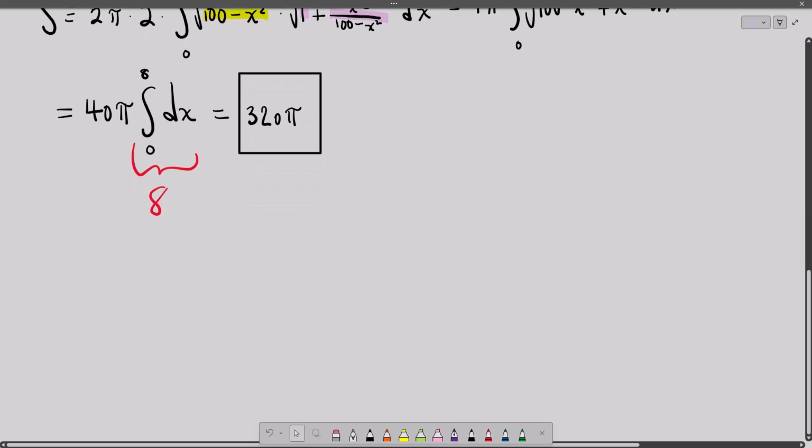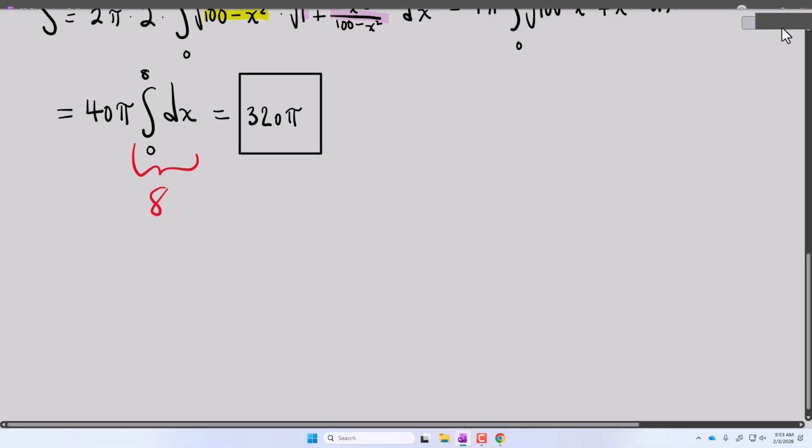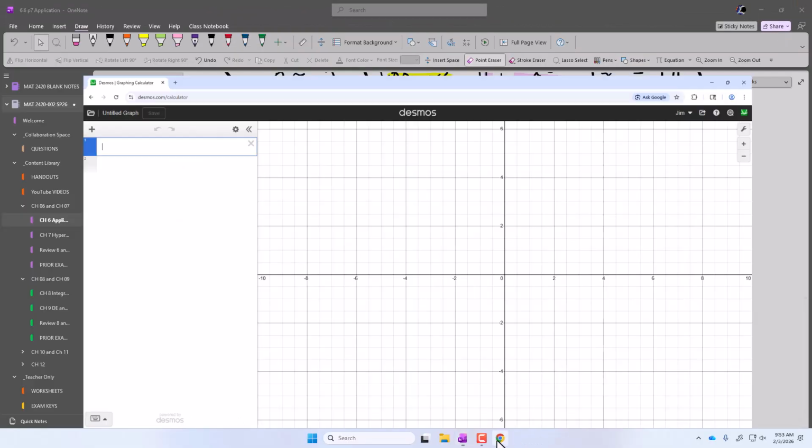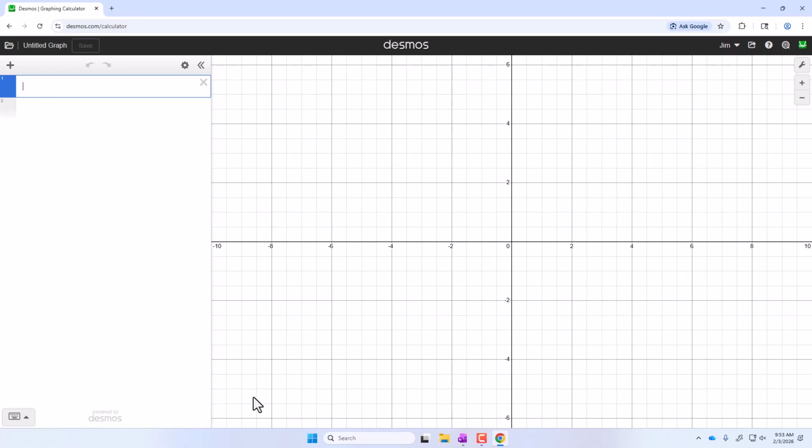So to finish this thing off, all we need to do is go to our calculator. 320 times pi times 0.0015, and that's our answer.